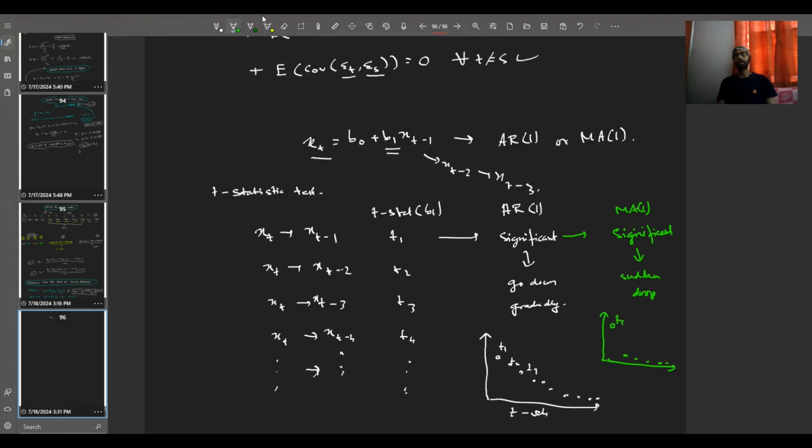So this is t1, and this is t2, t3, etc. This is the difference. An AR model will show a gradual drop. An MA1 model will show a sudden drop. This is very important, friends. Gradual drop for an AR1 model and sudden drop for an MA1 model. So this is the difference that can help you understand whether it's an AR model or an MA1 model.